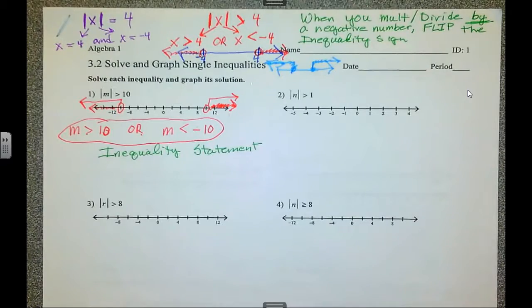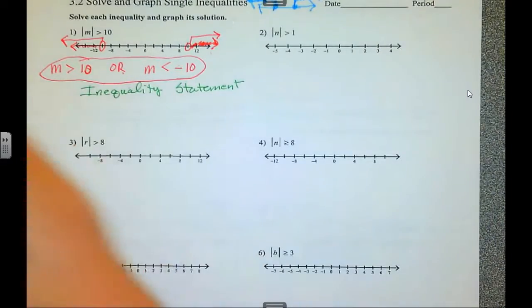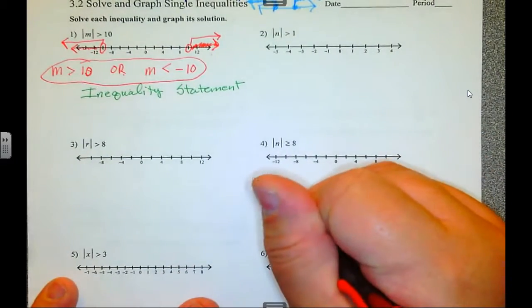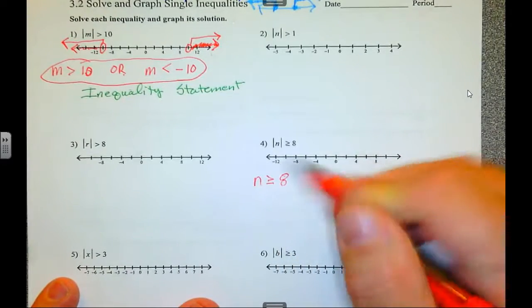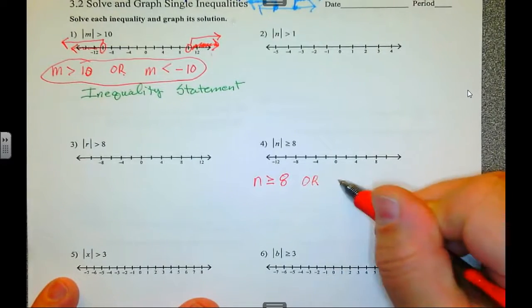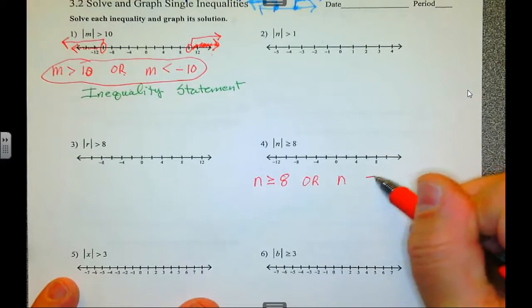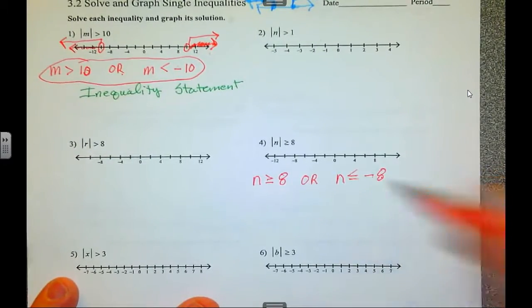Let's do an equal one. How about number 4? Okay, my two cases. n is greater than or equal to what's there. This is a greater than, so it's an or. n less than or equal to negative 8, and I have to flip this because of my negative sign.